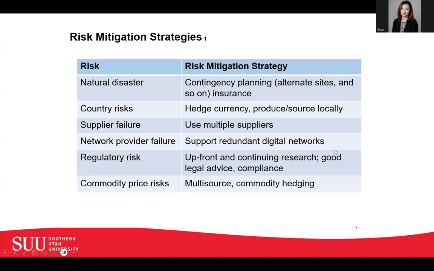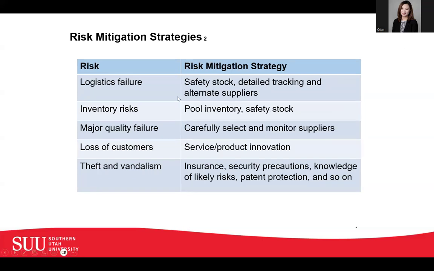The following two slides give you some examples of what kind of mitigation strategies you can use for different types of risk. For example, for a natural disaster, this is what you can do. The second slide gives you all the examples.